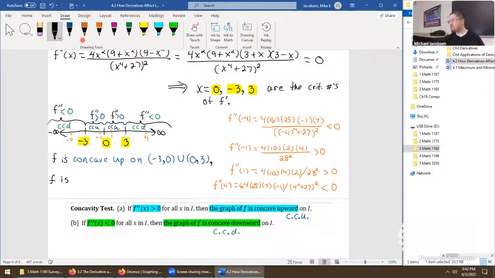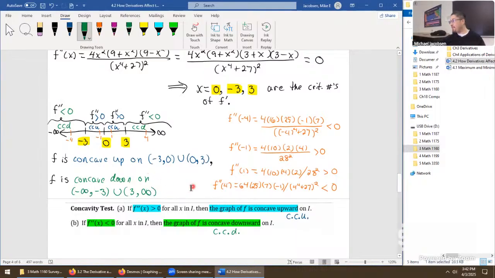Next, we say F is concave down on, well, this one is coming in 2 regions as well. It's from -infinity to -3, union +3 to infinity.